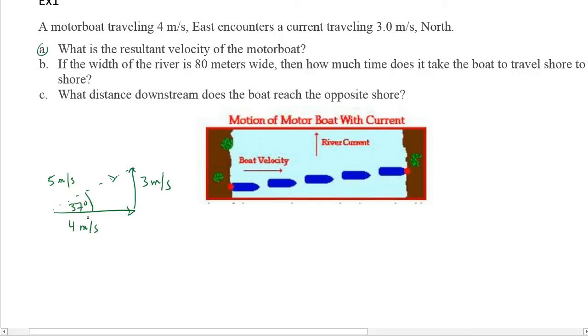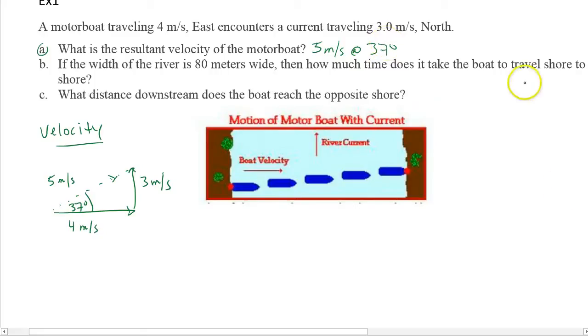Now these are velocity vectors, right? So I'm just going to put velocity up here. The answer for A we already have was 5 meters per second at 37 degrees.